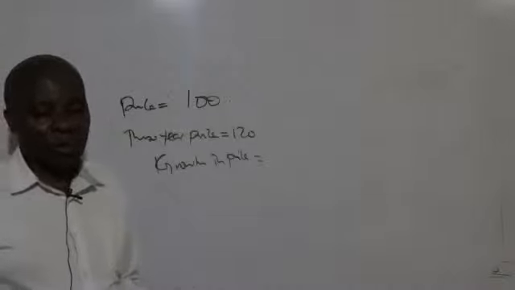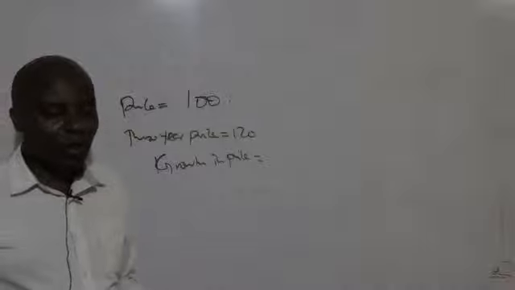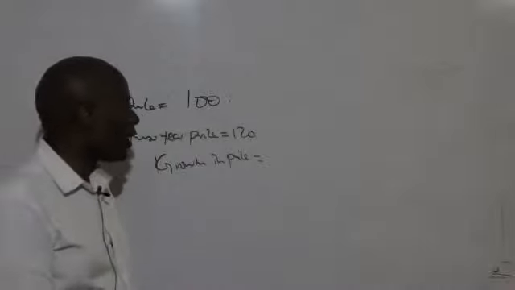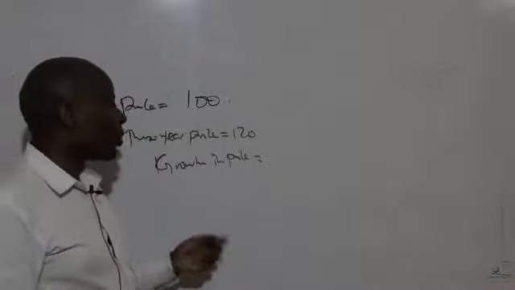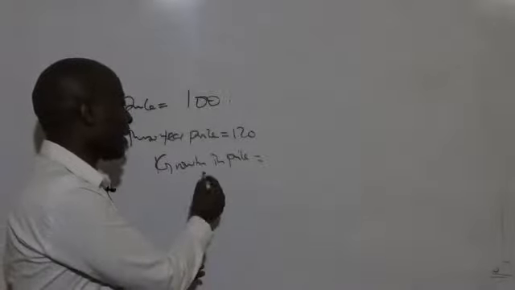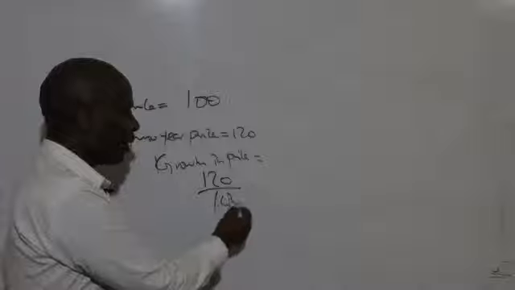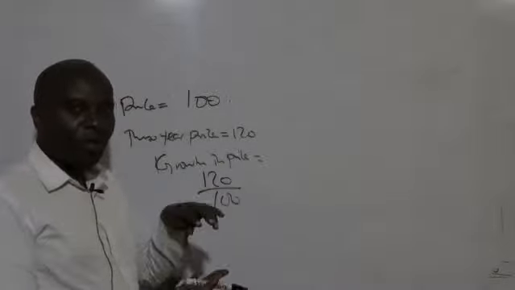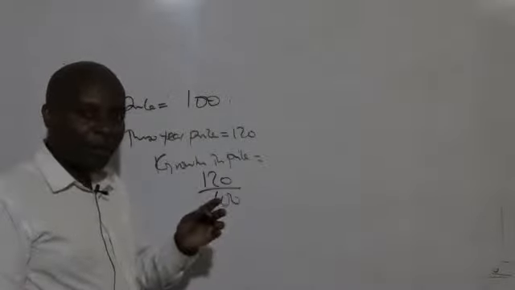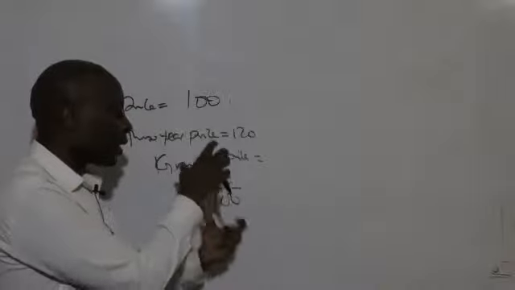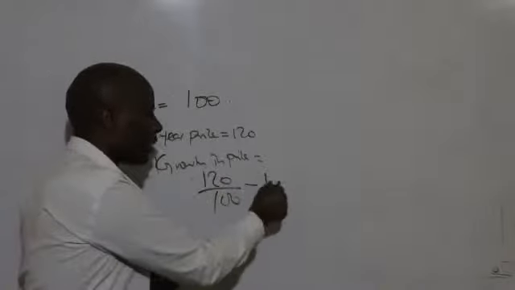But I know you have used the old method there, which is equally good. But a good student will tell you, to be able to get the growth in price, take the current price, which is 120, all over the oldest price, which is 100. If you do this, you'll be able to get the compound thing. But of course, if you are only interested in the growth, you will subtract 1.